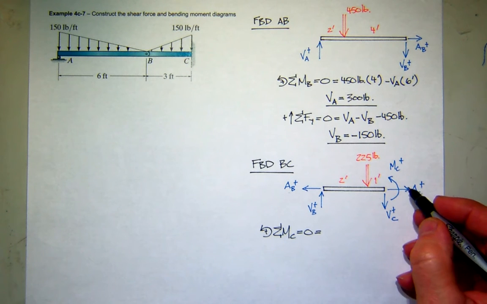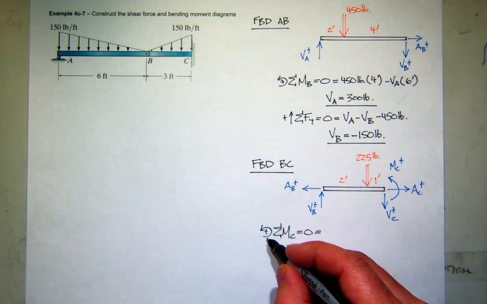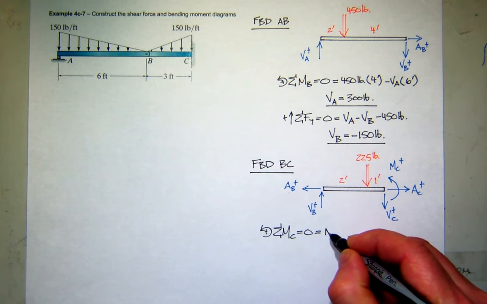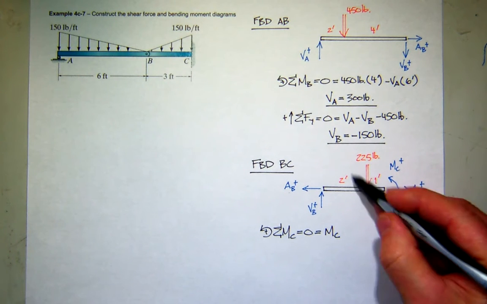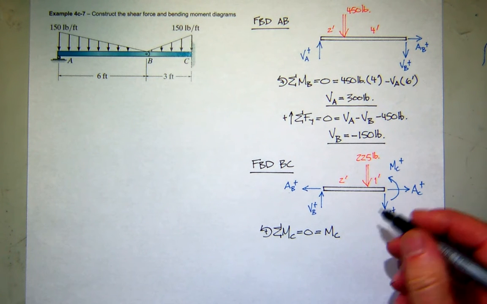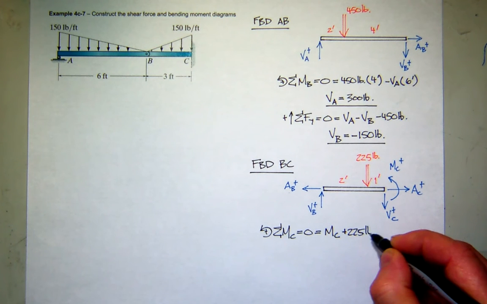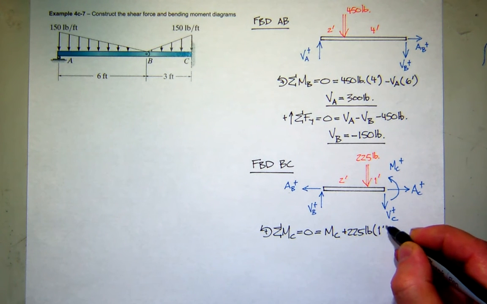So starting over here at C, I do have my positive bending moment, which my sign convention makes positive. The 225-pound force creates what kind of moment about C? Positive or negative? Positive. So 225 pounds with a moment arm of 1 foot.